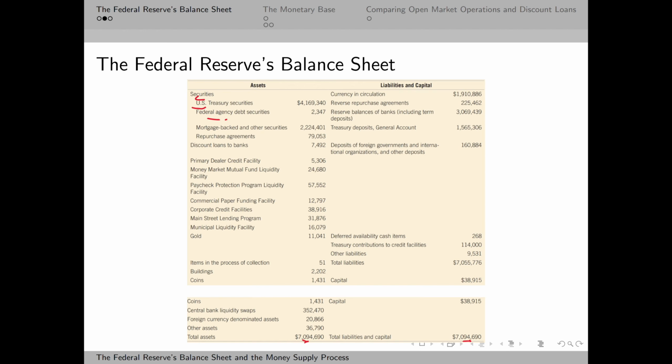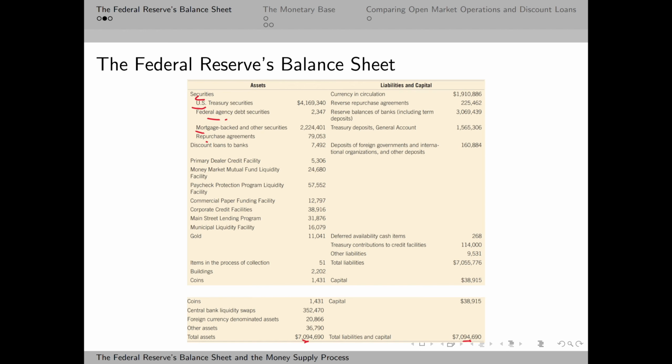Those comprise about $2 billion. Then mortgage-backed securities and other securities account for about 2 trillion of it, as well as repo agreements consisting of about $79 billion. There's some other things that operate in here behind the scenes, but that's really the most interesting to me on the security side of things.